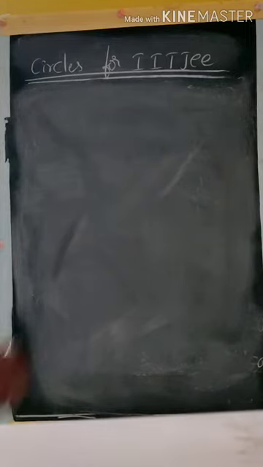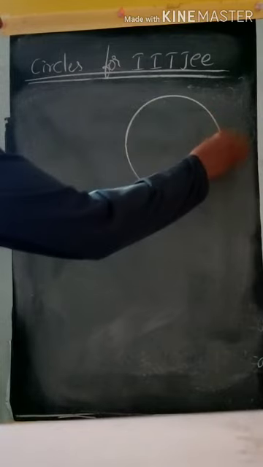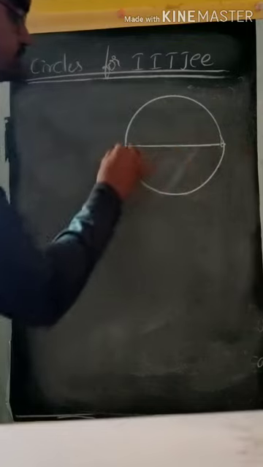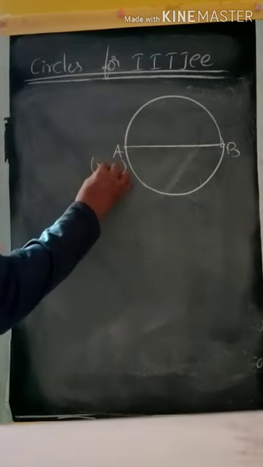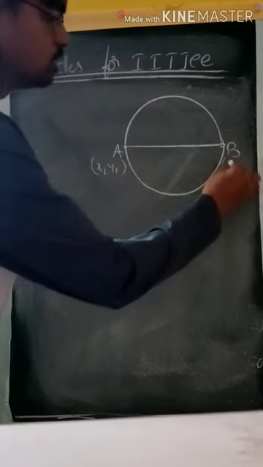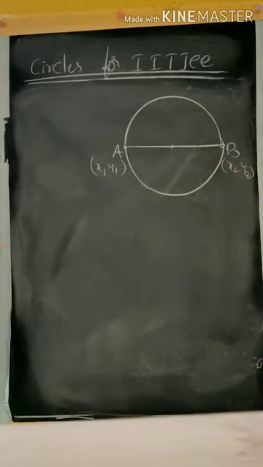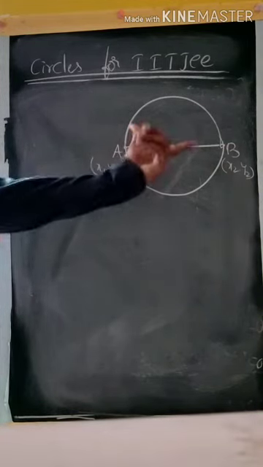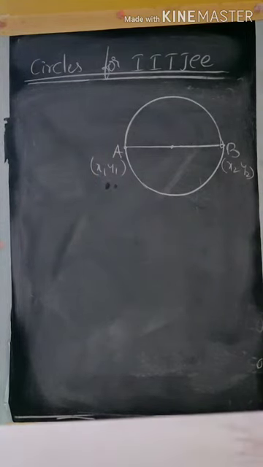So the equation of the circle if you know the extremities of the diameter x1 y1, x2 y2. If AB is a diameter, A is one end point, B is another end point of the diameter.